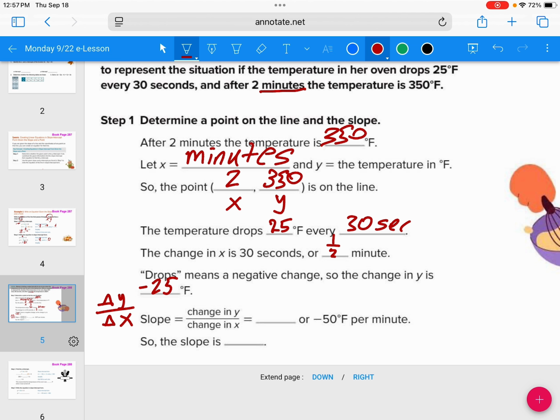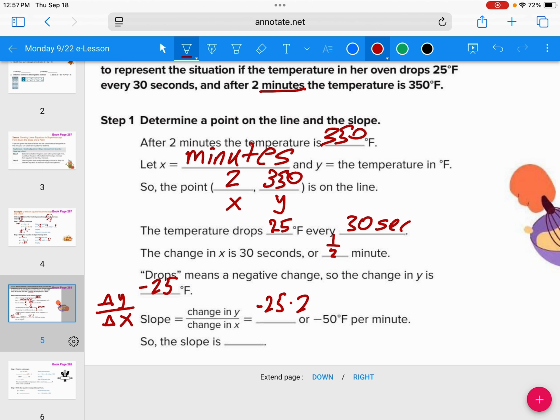And that's going to equal negative 25 times 2. Because to translate our 30 seconds into a minute, we're going to have to multiply by 2. So negative 25 Fahrenheit for the change over half a minute times 2 gives us negative 50 per minute.